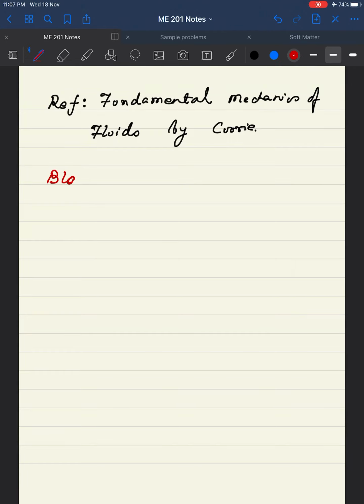Blasius integral law. And this integral law deals with the generalization of the drag and the lift that we have just encountered. And we encountered it for the very special case of a cylinder, but now we want to consider a more general case.